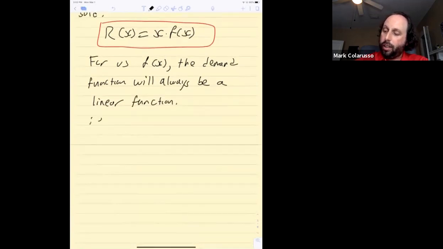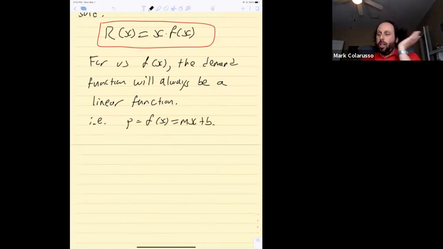That is to say, p equals f of x will be mx plus b. It'll be a line.